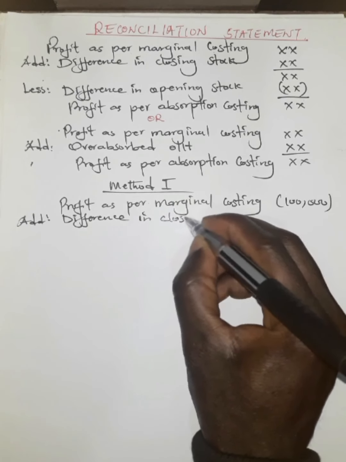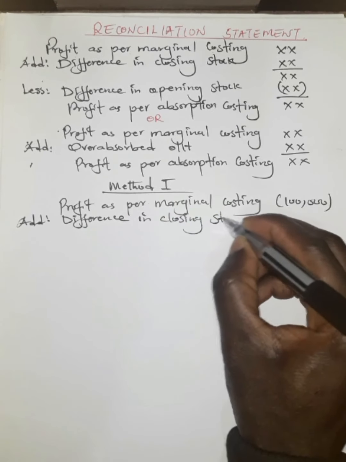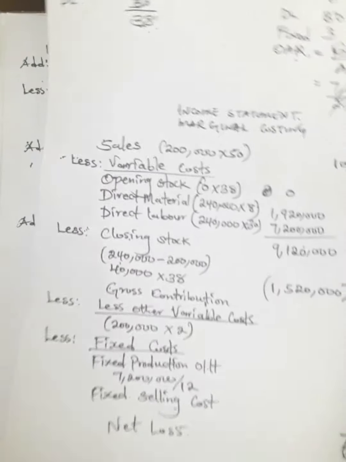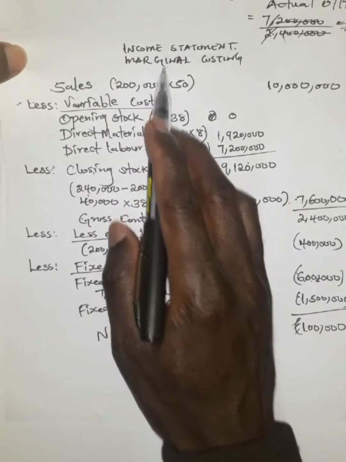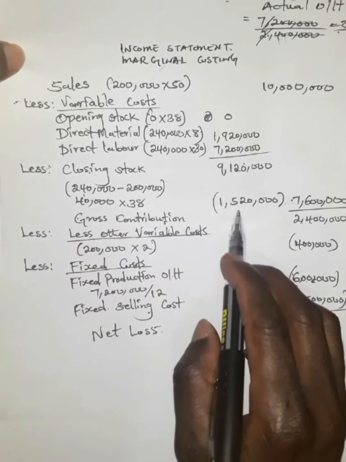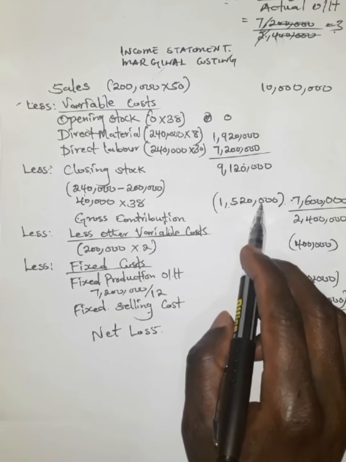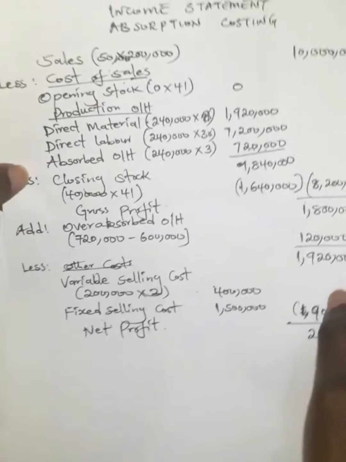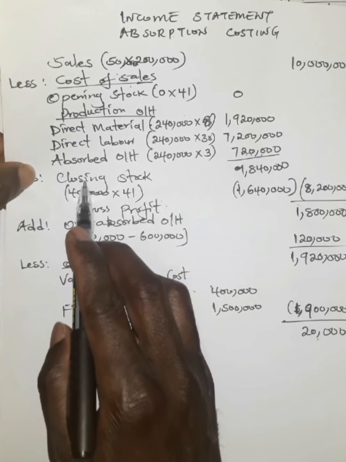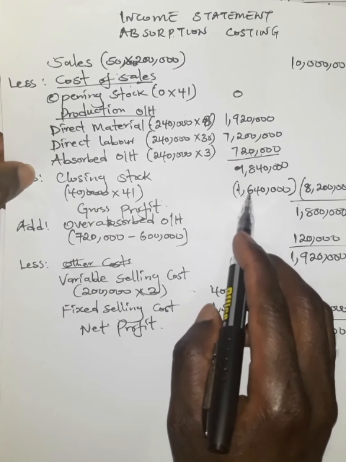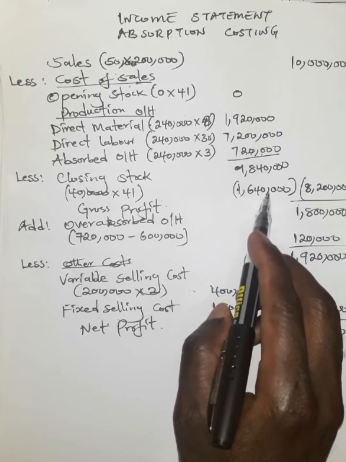So we actually take the highest value there, which one has the highest closing stock. Now marginal costing, its closing stock is 1.520 million. Then absorption costing, the closing stock is 1.640 million.